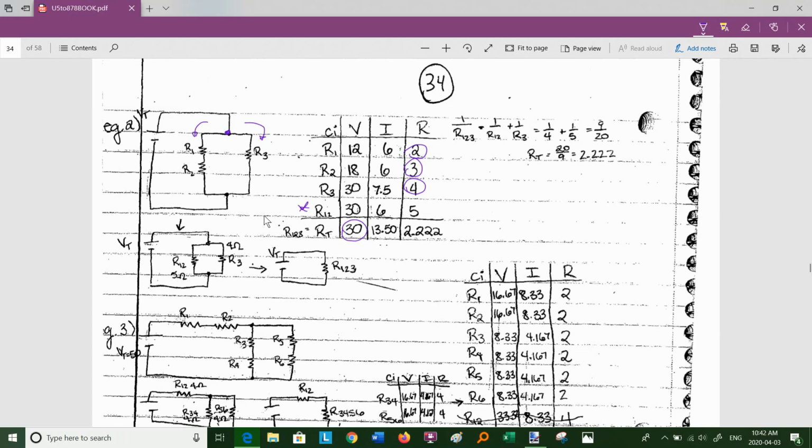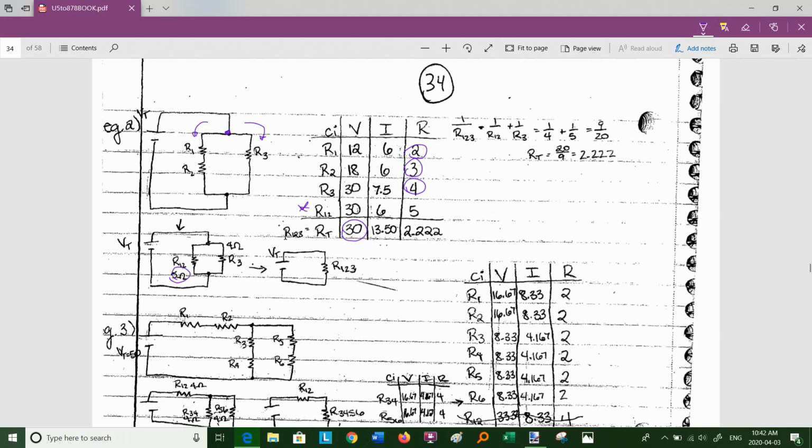Now that 5 ohms is in parallel with the 4 ohm resistor, R3. So I can take the reciprocal of that and get R123 in this relation. 1 over 4 plus 1 over 5 is 9 over 20, so R is 2.222.